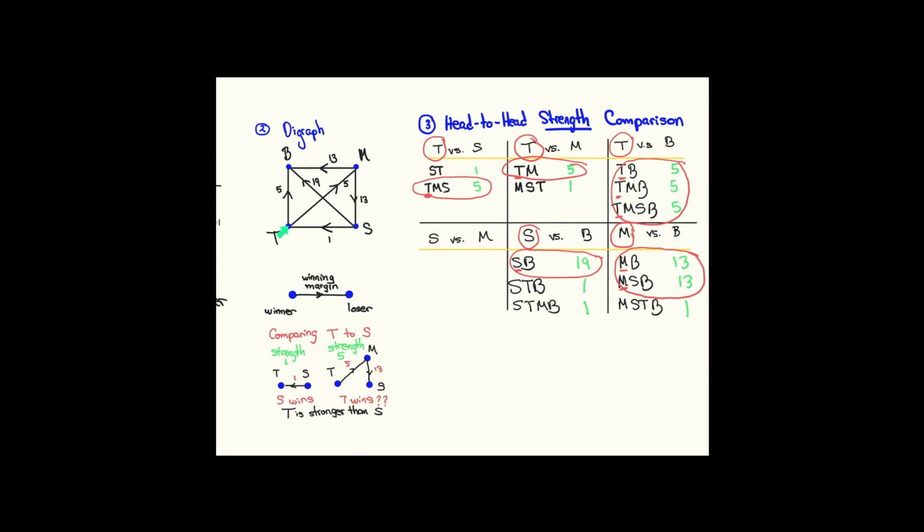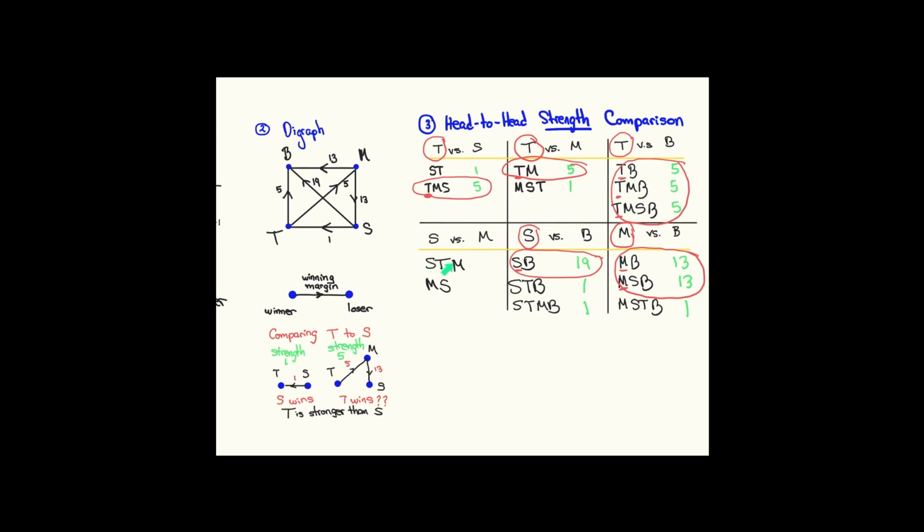So we have to go S to T and then to M. That's the first one, S, T, M. There is no other path from S to M. Now let's start at M. We need to go to S. We can go straight, M, S. And convince yourselves that there is no other path from M to S. The only other way to get out of M is going to B, where we get stuck. So those are the only two paths.